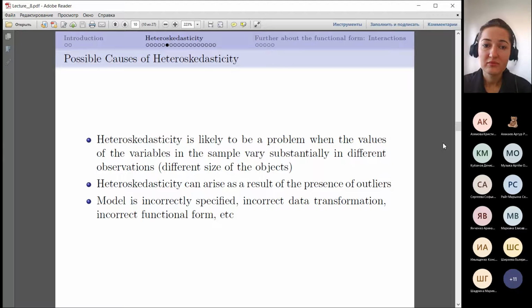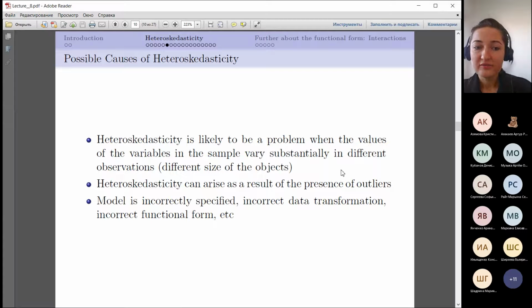If in your sample you have small economies, like Slovenia, and huge economies, like the United Kingdom or the United States of America, of course you can assume that the variance in gross domestic product as well as in the value added in manufacturing will be higher in large countries if you compare with the countries with a small economy.